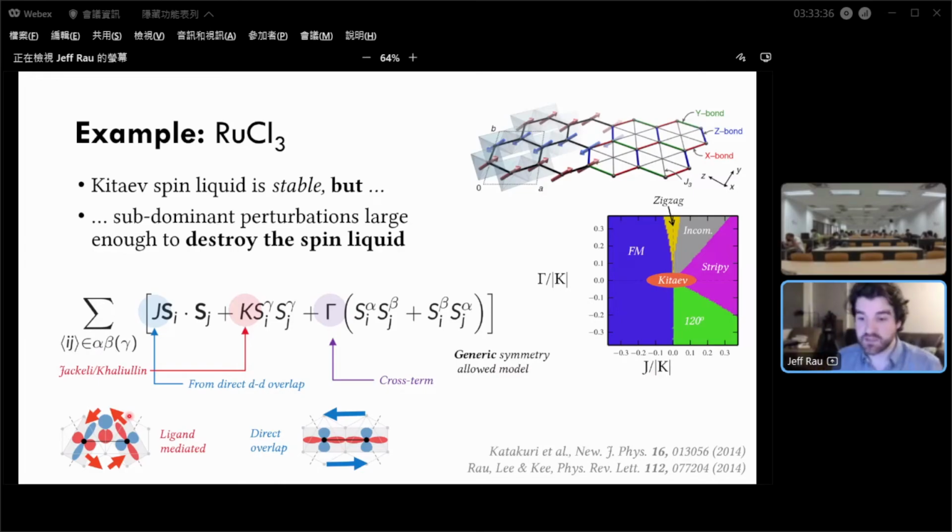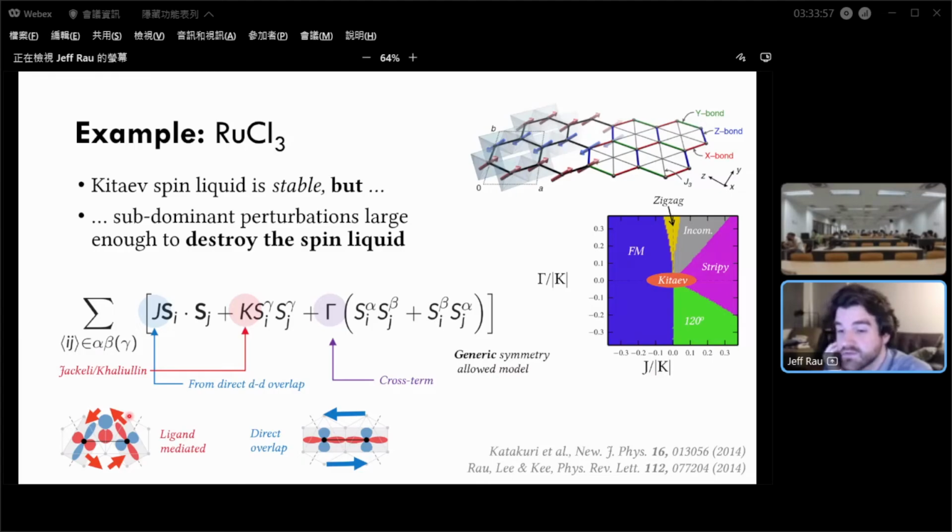There will be some change, right? When you put on a field, there'll be some kind of magnetostriction. You'll change bond angles and bond lengths, and that'll affect this. But I think the assumption at least has been that it's not significant. Offhand, I don't know anybody's actually computed something like magnetostriction in these.